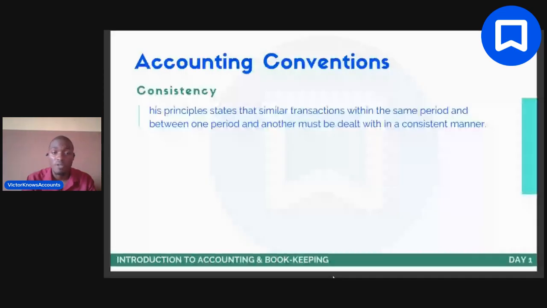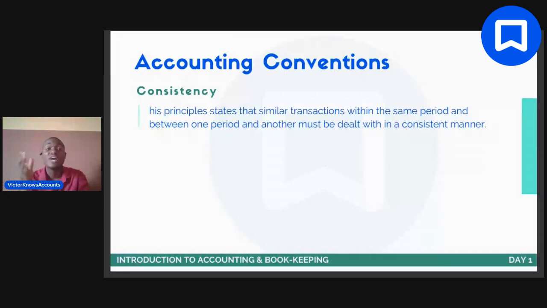All right, we mentioned that under the periodicity concept, the foreseeable future, the continuous life of an organization, will be what?